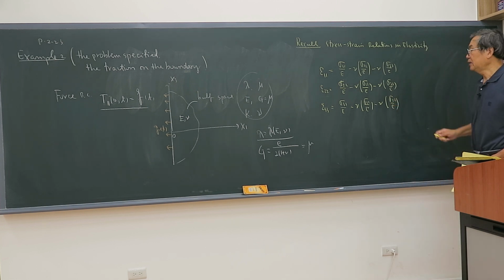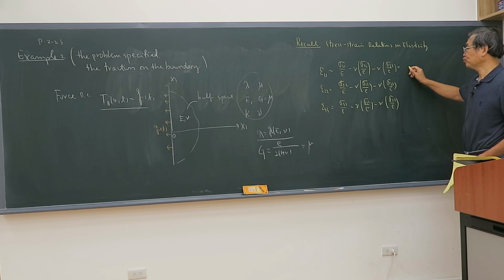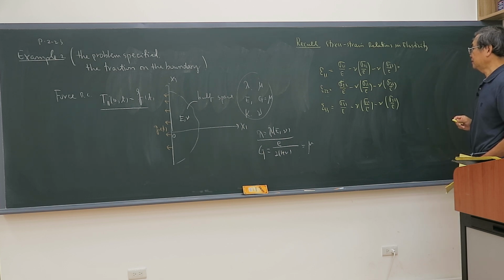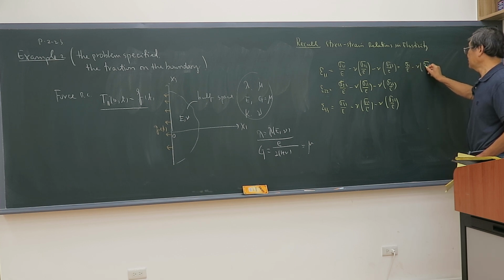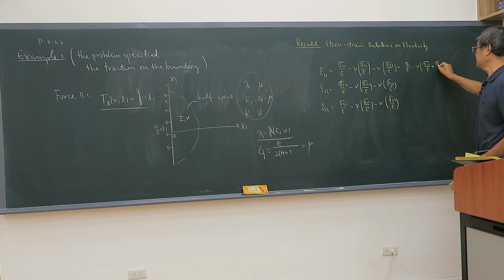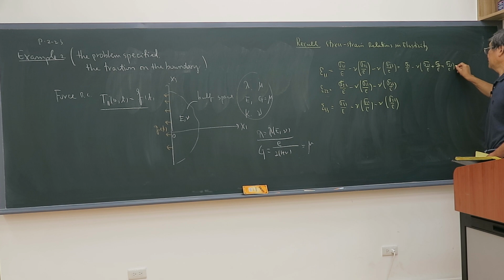Okay, and this can be written as sigma 11 over E minus nu over E times (sigma 11 plus sigma 22 plus sigma 33), plus nu sigma 11 over E. Right?